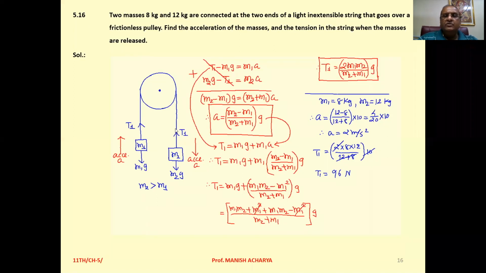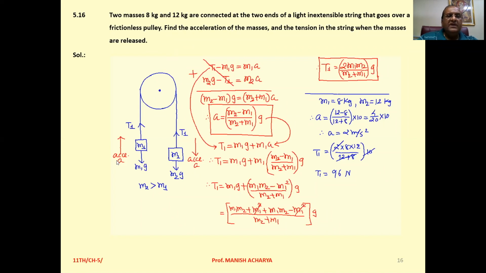So, obviously, you can easily understand that mass M2 will move in downward direction and mass M1 will move in upward direction when these are released, or we can say allowed to move. Suppose the entire system is moving with acceleration a.